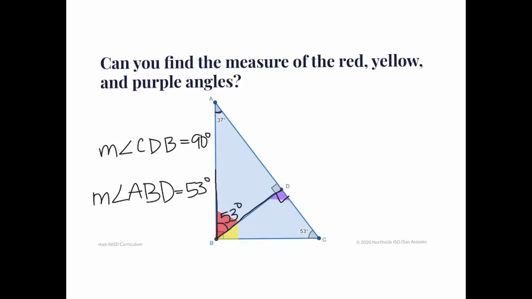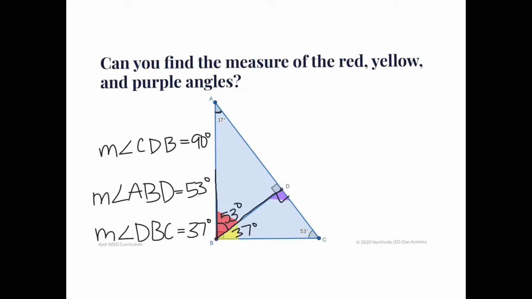And then if we're following that same concept here on that small triangle with the yellow angle, we are seeing that that angle is going to be 37 degrees because the other angle is 53 and the other angle is also 90 degrees. So the measure of that smaller yellow angle, the measure of angle DBC, is 37 degrees.